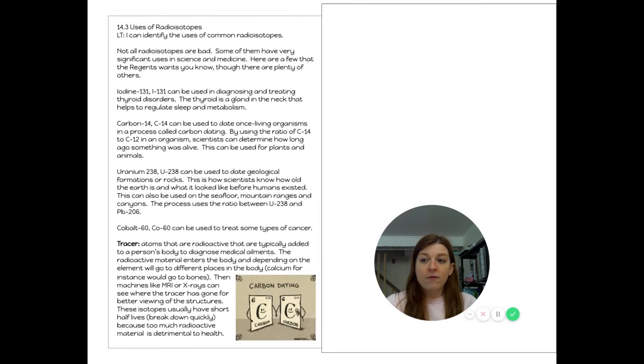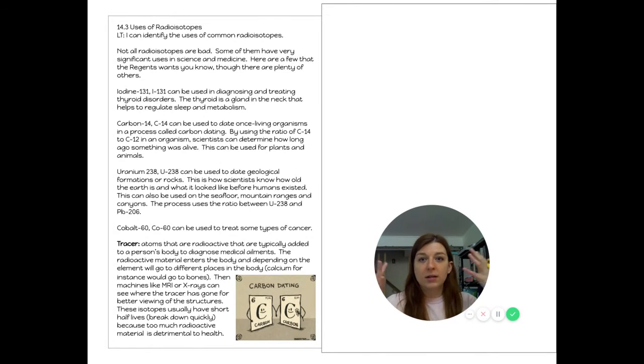You can have any type of issue, and in this case it's your thyroid. You have a thyroid issue, you get a dose of iodine-131. A doctor would prescribe it and put it together. In some way you would have this iodine put in your body.